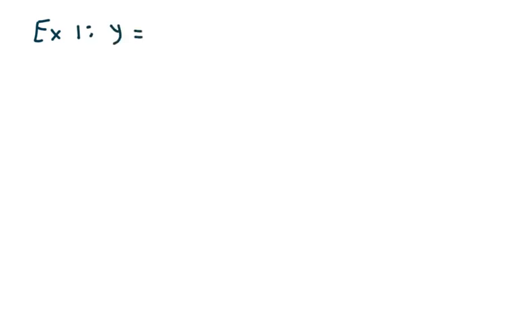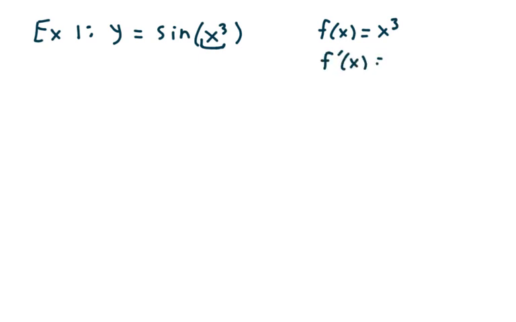Suppose I had y is equal to sine of x cubed. My inside function is x cubed. And so if you don't mind, I'm going to let that be f of x. So f of x is equal to x cubed. The derivative of that inside function by the power rule is 3x squared.